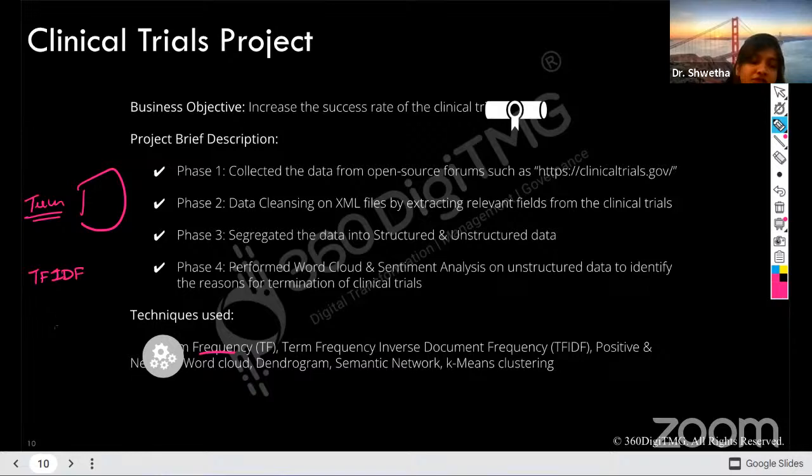We will not just see how many times a term is repeated in the data, but also take the inverse value of frequency compared to all the documents, like the number of times the same word was repeated in different documents. So that is about term frequency, inverse document frequency.